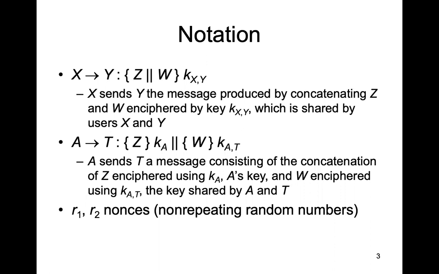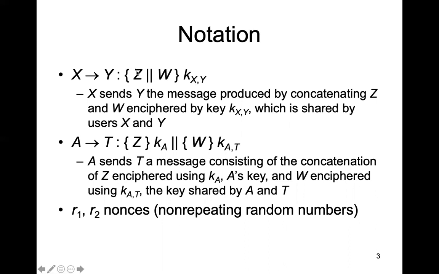Last class we wrote this notation of E subscript K of M to denote a message. We are going to be using a slightly different notation here. Instead of using that E, I'm just going to be using these parentheses. The message that is encrypted is shown between the parentheses, and the key with which the message is encrypted is shown over here. That's going to be the notation we are following.